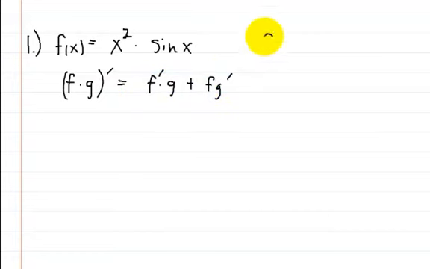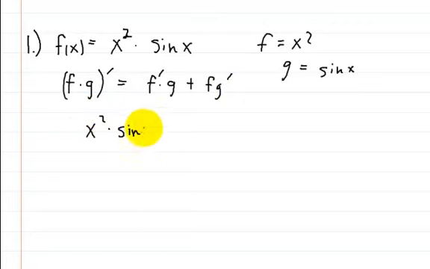For me, my f is going to be x², and my g is going to be sin(x). So let's plug those in. We're going to get x² times sin(x) plus x² times sin(x), taking the derivative of the first one and then the derivative of the last one.